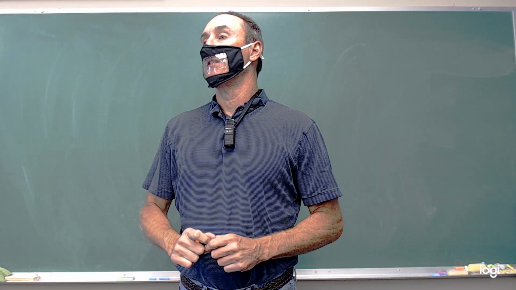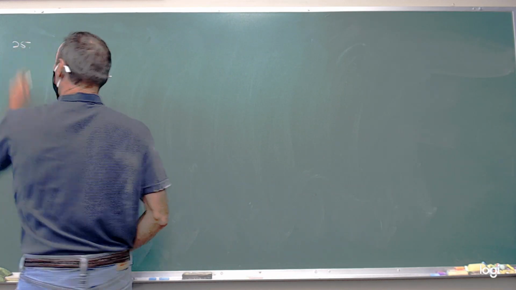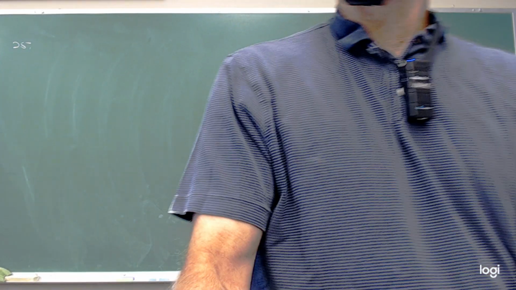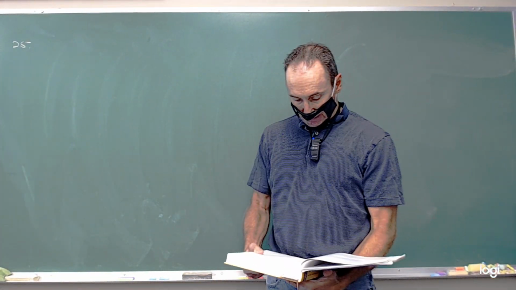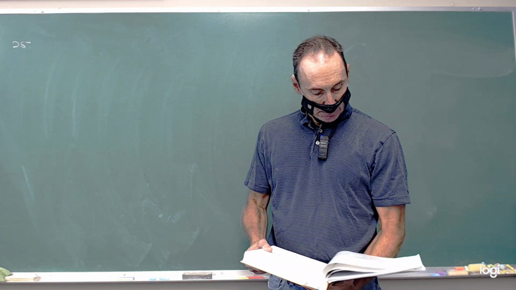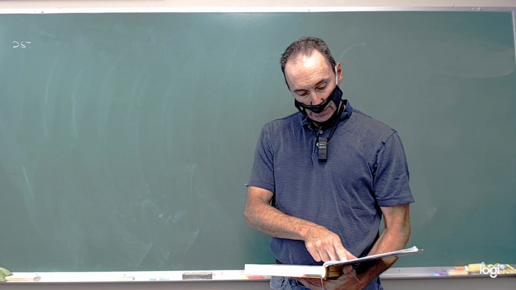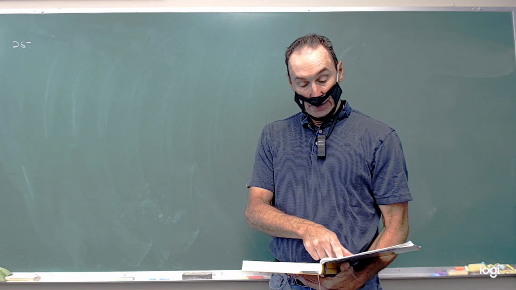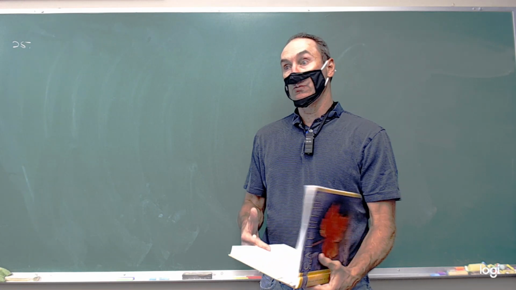Yes, Taylor. Number 25? You know what that is, or do I need to bust out my book here? I got it. So 25, if I can get to the right place, is... So we're trying to find domain and range, does that sound right, of y equals 1 over x squared plus 2?